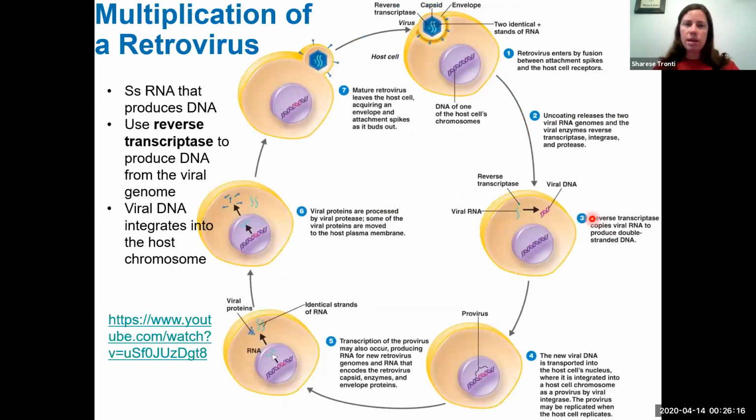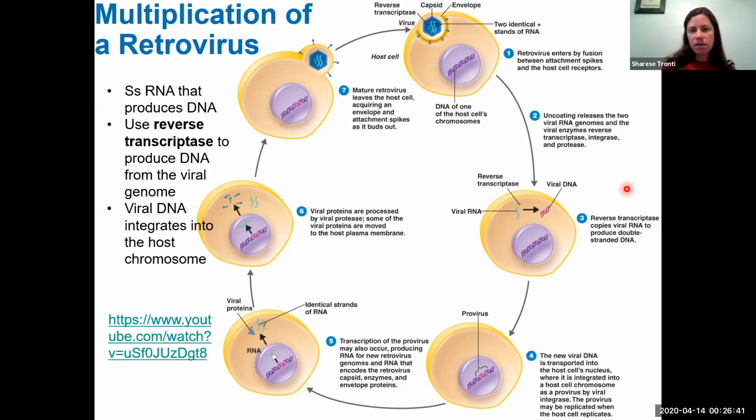There's one more type of replication for viruses that we're going to talk about, and that is for retroviruses. Retroviruses are single-stranded RNA, and they are going to produce DNA inside of the host cell. In order to do this, they're going to bring along reverse transcriptase, similar to the RNA-dependent RNA polymerase that we just talked about.